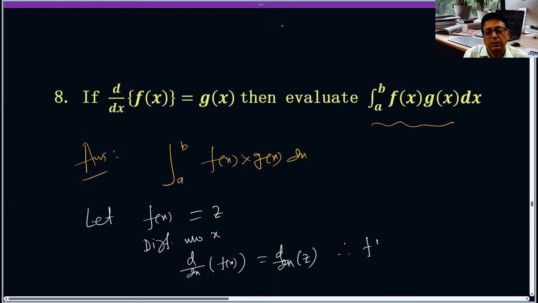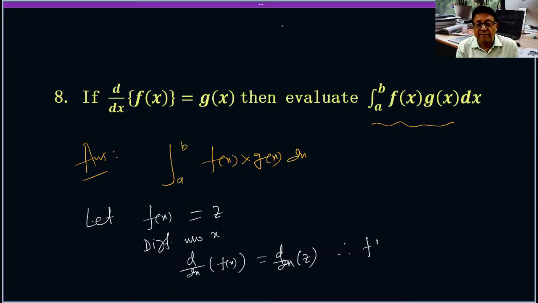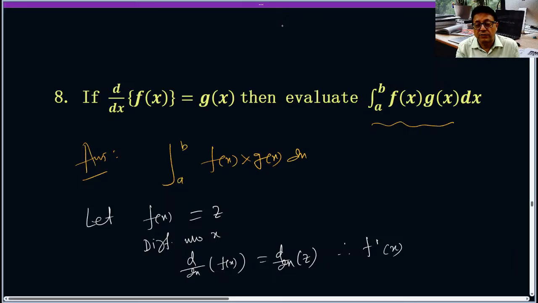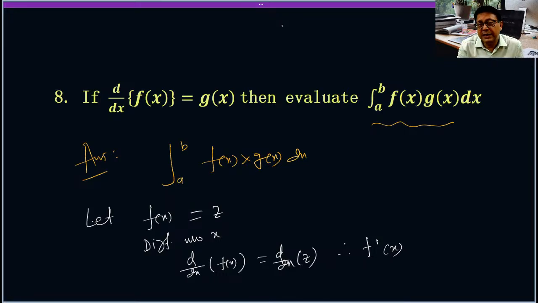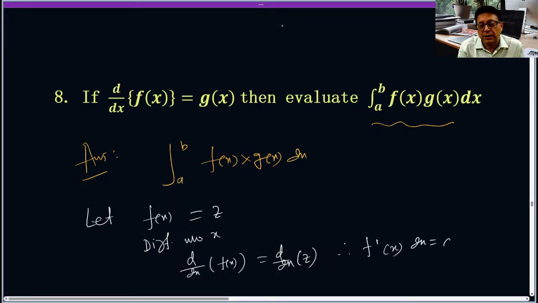Therefore, f dash x dx, but f dash x is what?